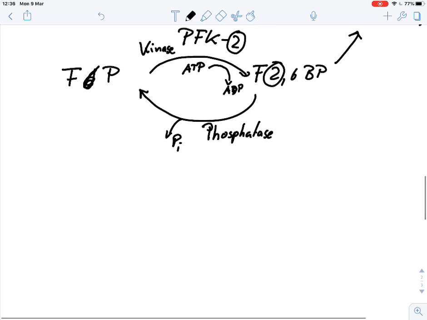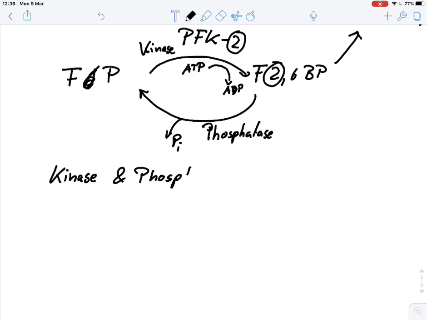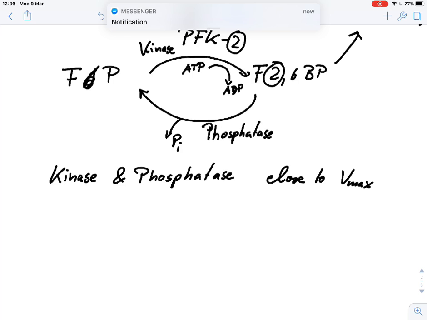And they discovered that when both the kinase and the phosphatase work close to Vmax, and we know that when an enzyme reaction is close to Vmax, we will never get total Vmax, but we can be close, then we are working at a zero-order reaction.